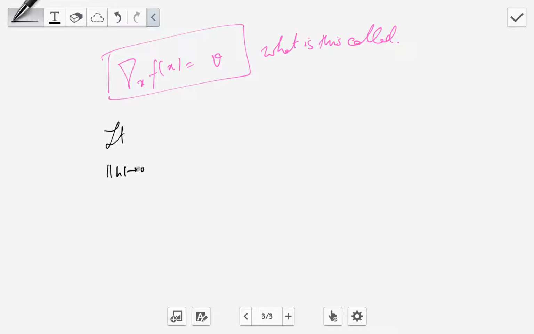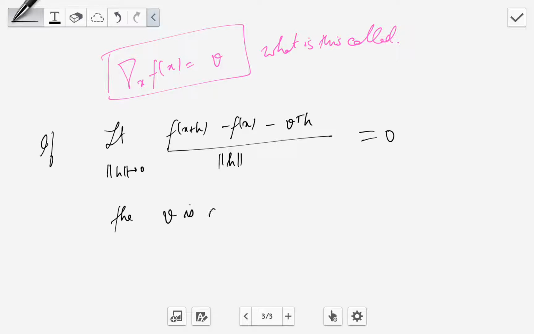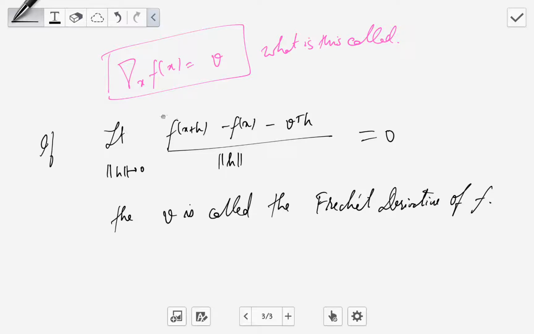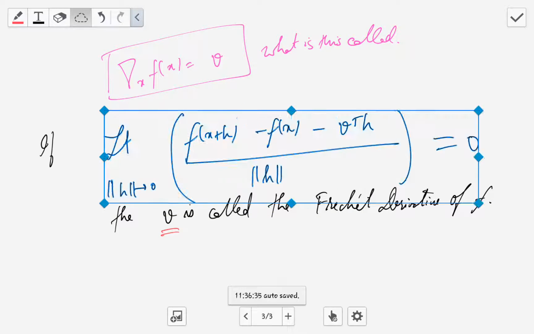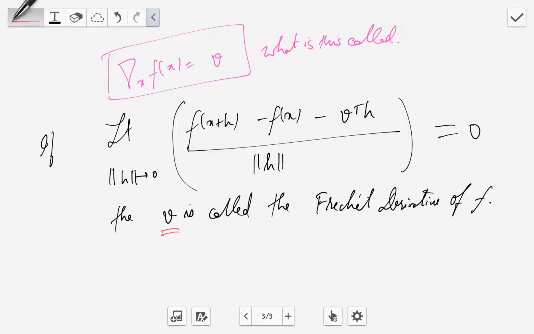Limit norm h tends to 0, f of x plus h minus f of x minus v transpose h, by norm h, if this is equal to 0, then v is called the Frechet derivative of f. Suppose that there existed a v which satisfied this limit. We do not know if that exists or not.